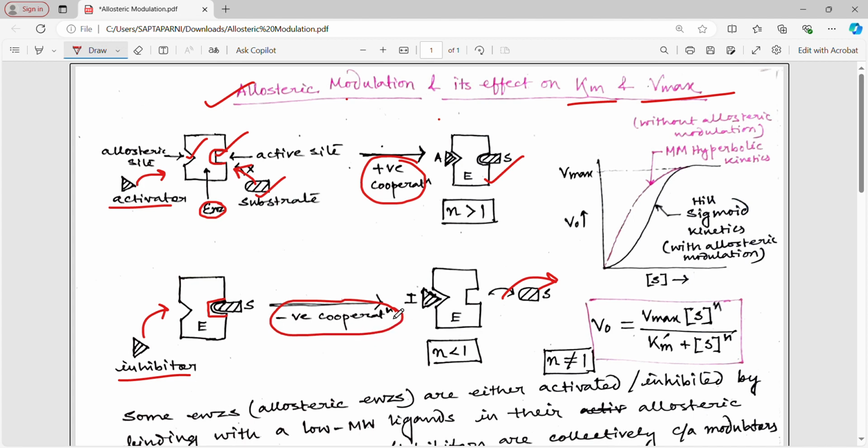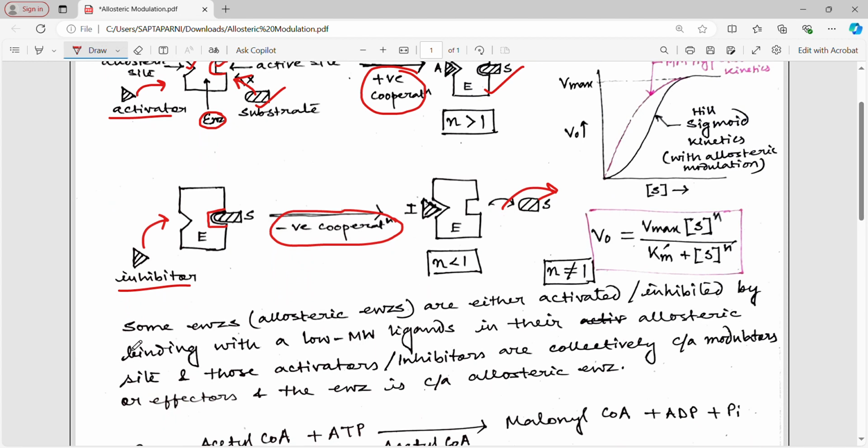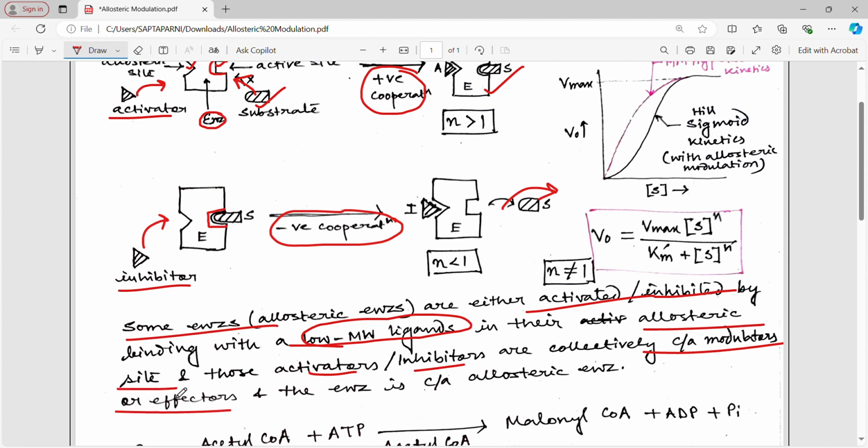So as a whole we can say that some enzymes are either activated or inhibited by binding of low molecular weight ligands, known as activators or inhibitors, and collectively as modulators or effectors, to the allosteric site of the enzyme, and that is how they either positively or negatively cooperate in the enzymatic reaction.